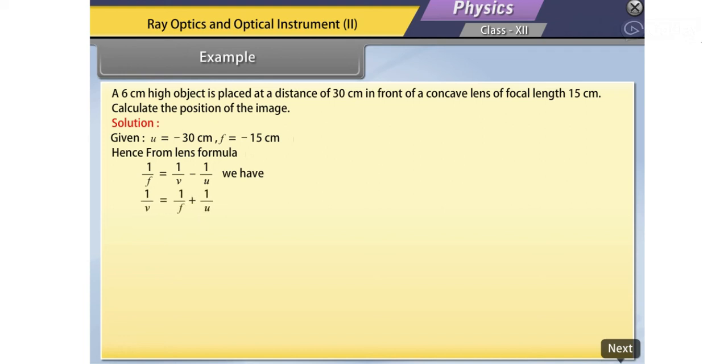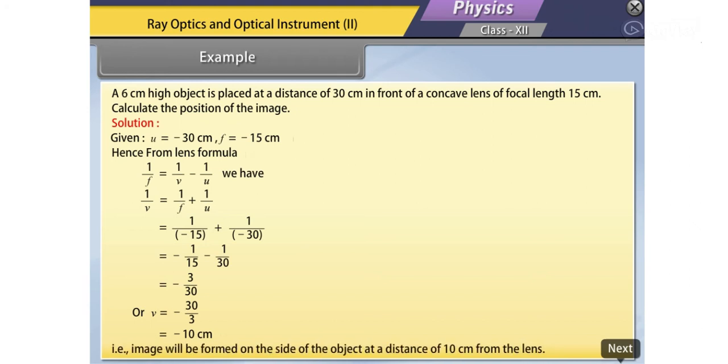We have 1/v = 1/f + 1/u = 1/(-15) + 1/(-30) = -1/15 - 1/30 = -3/30, or v = -30/3 = -10 centimeters. That is, the image will be formed on the side of the object at a distance of 10 centimeters from the lens.